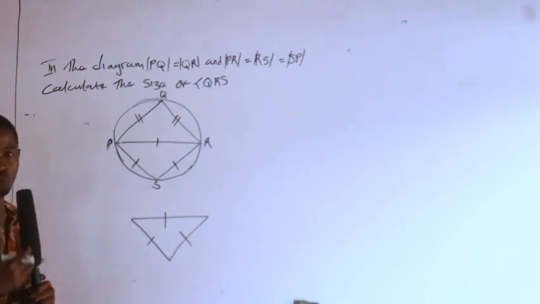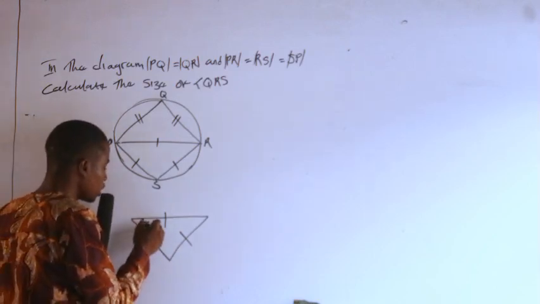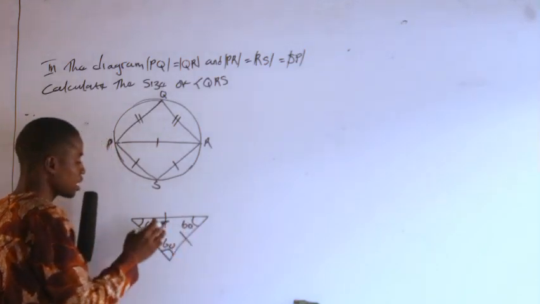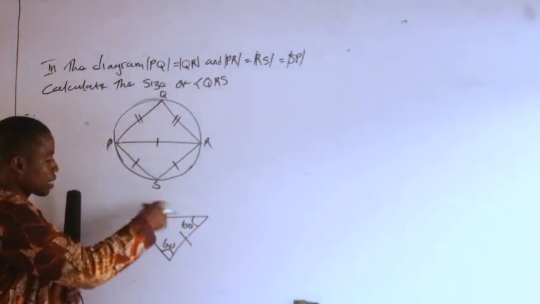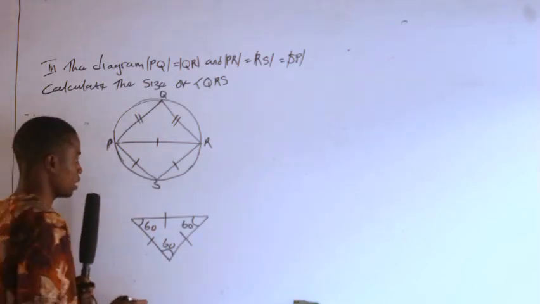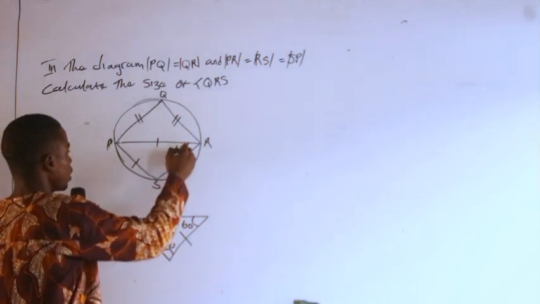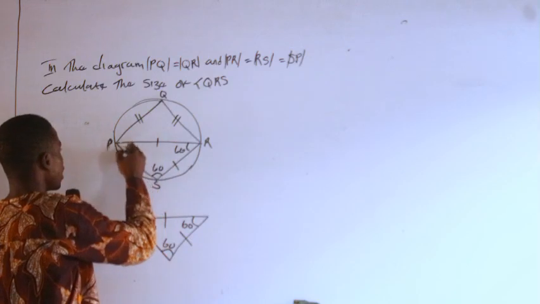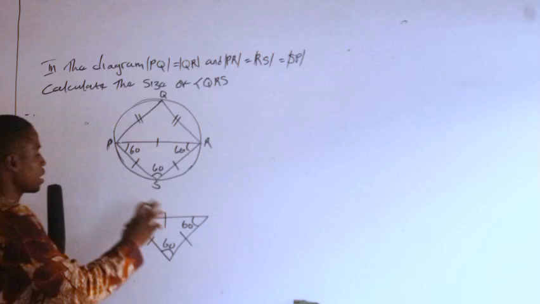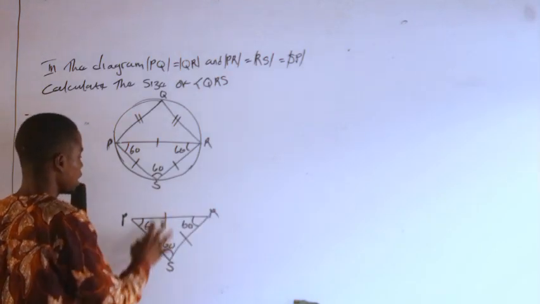In an equilateral triangle, all of them have the same 60 degrees. When you add all of them together, 60 times 3, it will give you 180. Notice that. This place is 60, this is 60, and here is 60. We already know that the equilateral triangle PRS has all sides the same.